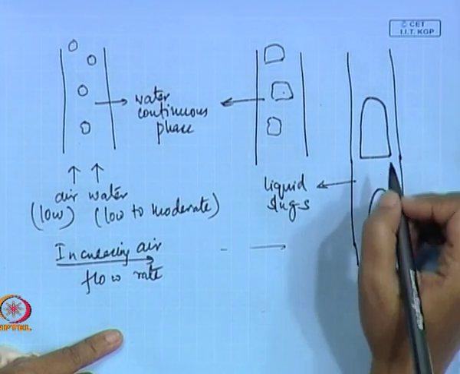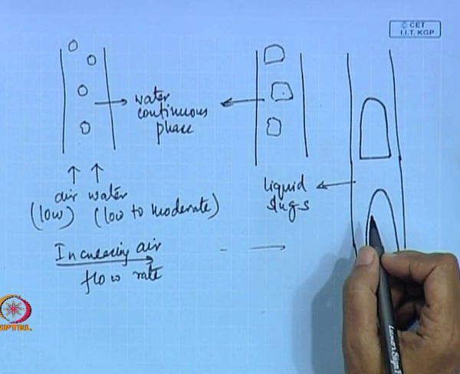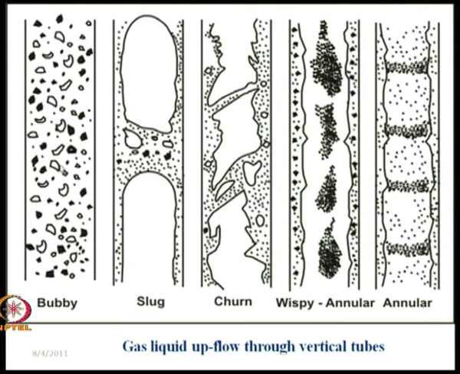Okay. Now, I have a schematic of these bubbles. If you see, these are elongated, large, bullet shaped axisymmetric bubbles. Now, these bubbles are very interesting.